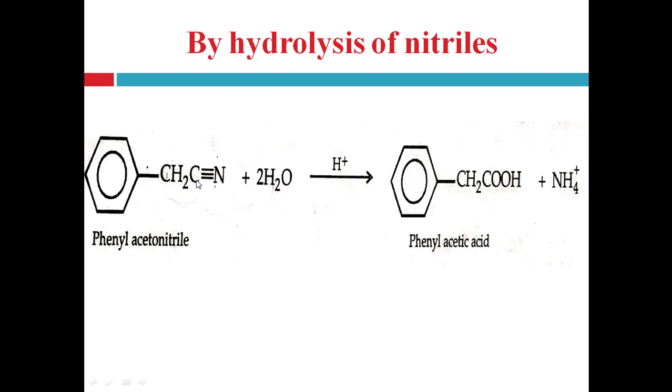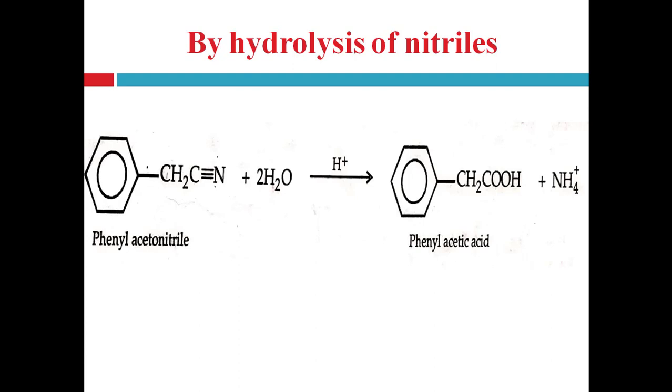Phenyl acetonitrile undergoes acid hydrolysis and forms the corresponding acid, phenyl acetic acid, with loss of ammonium ion. You know that C triple bond N is also known as the nitrile group, cyanide group or cyano group.